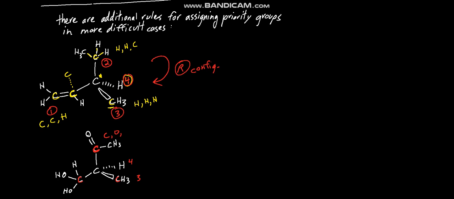If it's a carbon double bonded to oxygen, we consider it an imaginary oxygen. So that's COO. Now, what about down here? Attached to this carbon here, O, O, O, but we have an H, not a C. So here is our group 1, 4, 3, 2. As we're looking at it, it's 1 to 2 to 3 counterclockwise, S configuration.